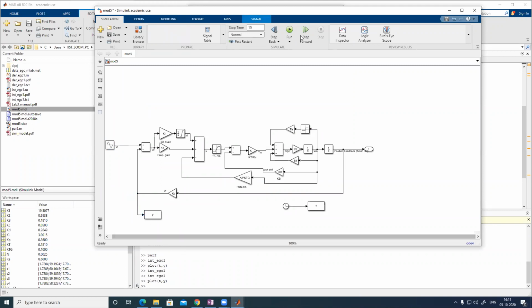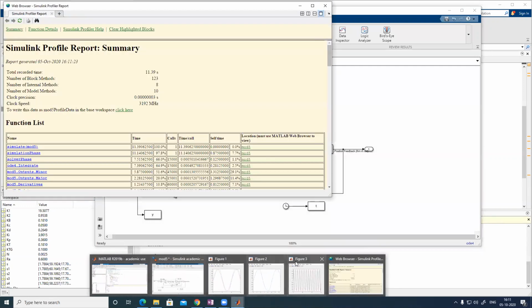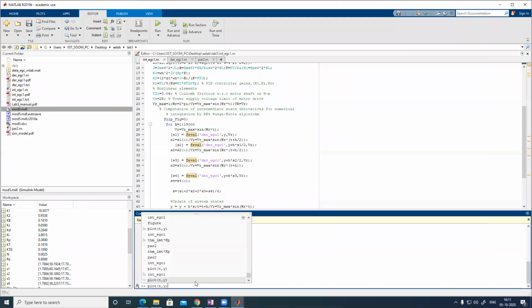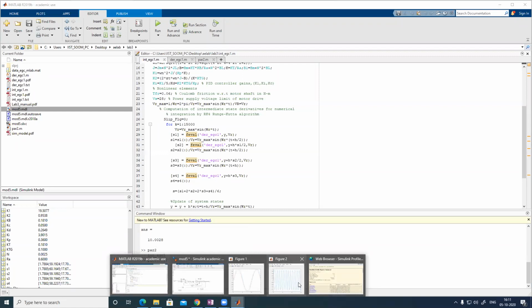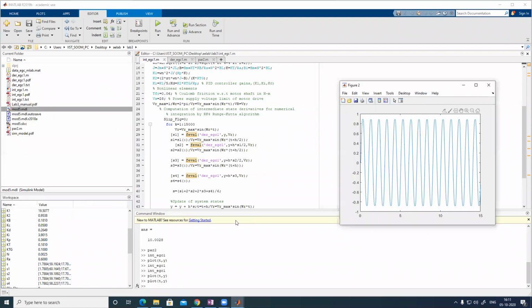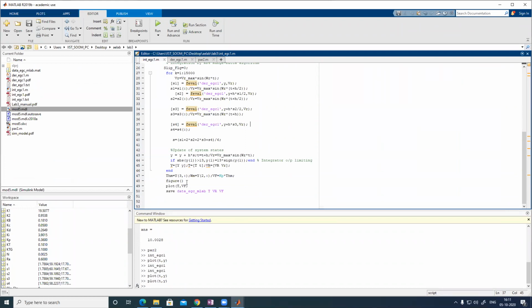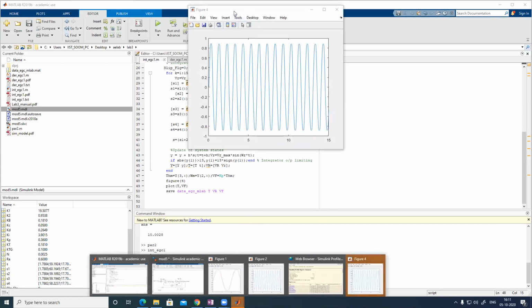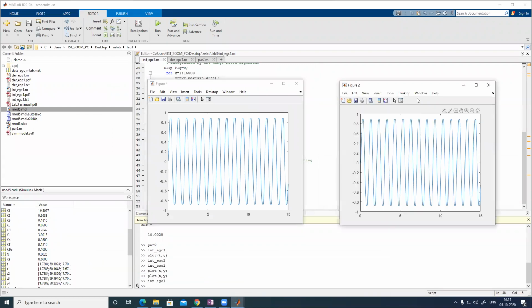Good. This one is the graph, the Simulink, and this one is the integrate.